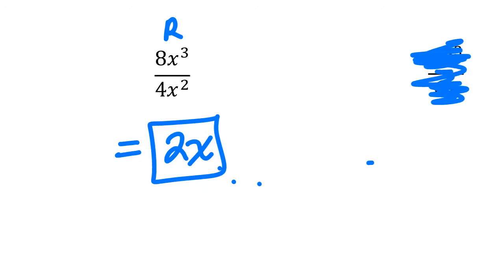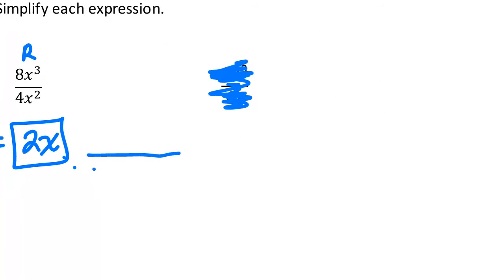All right, and this next example, we have 6x to the third power divided by 6x. All right, and lefties, go ahead and tell your partner, what did you get?